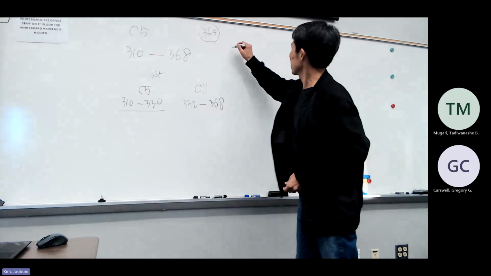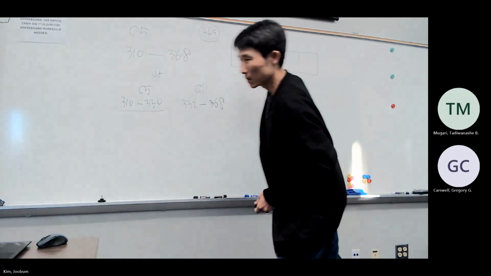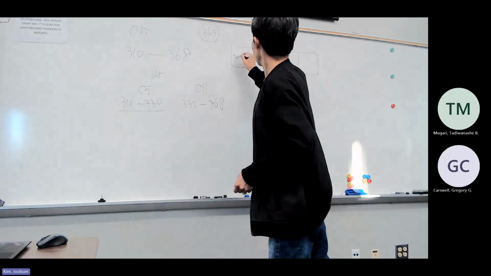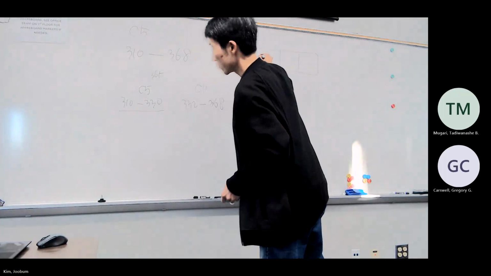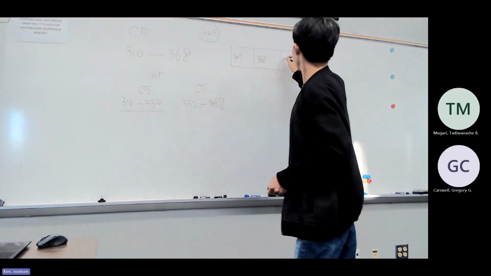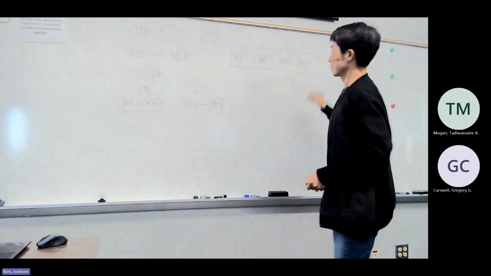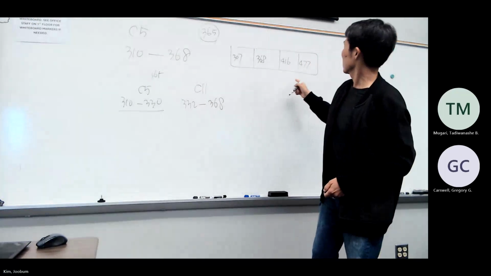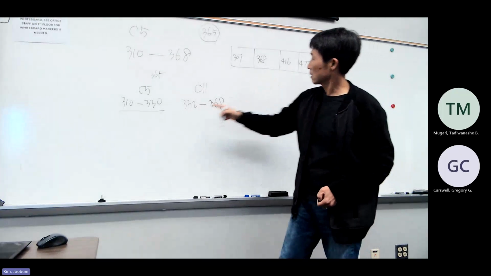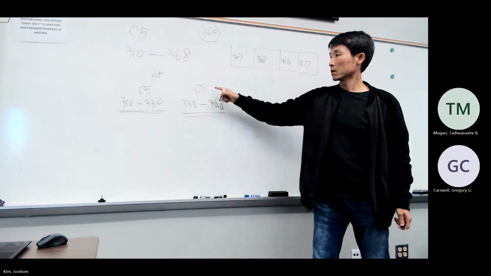The previous node had 307, 368, 416, 477. But in this case, we split, which means we use another cylinder.